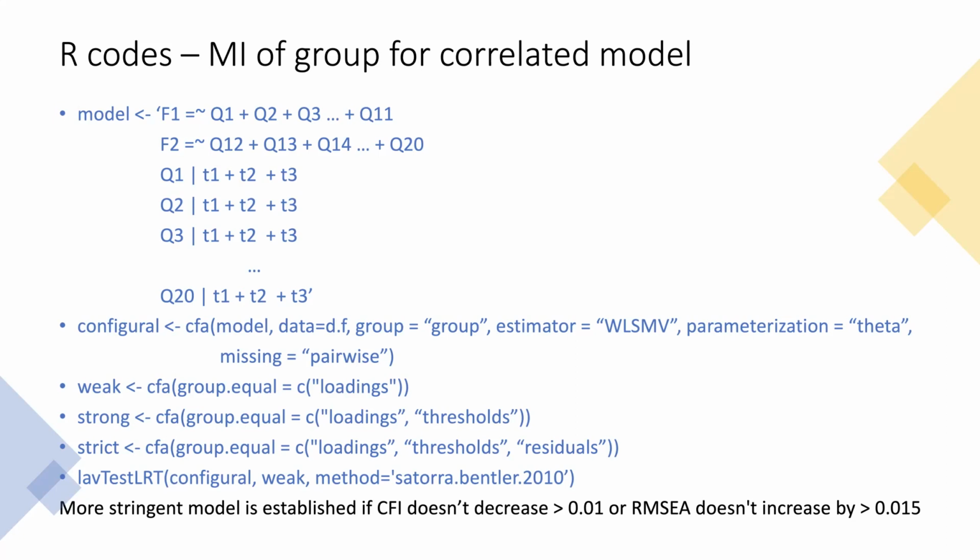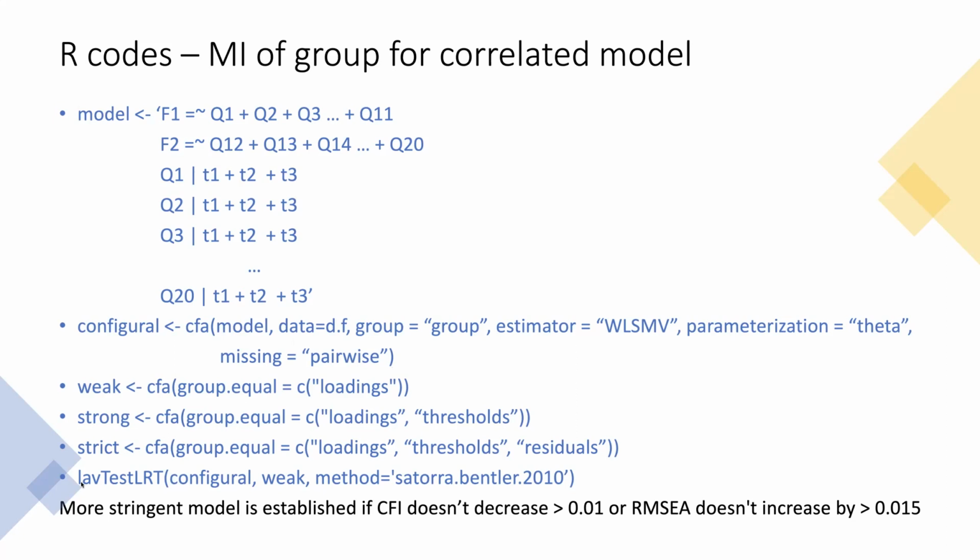Same thing for strong, you just add an extra constraint for equal thresholds. So the groups should have equal loadings and equal thresholds. And then for strict, you just add in residuals. So basically you just have to build onto it.